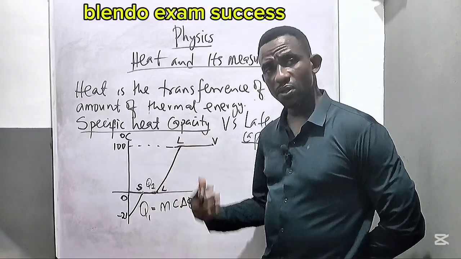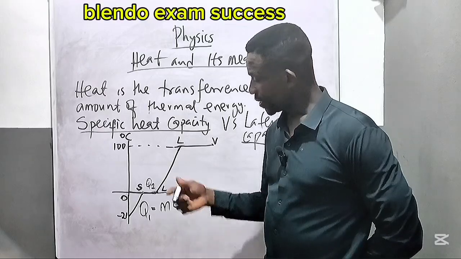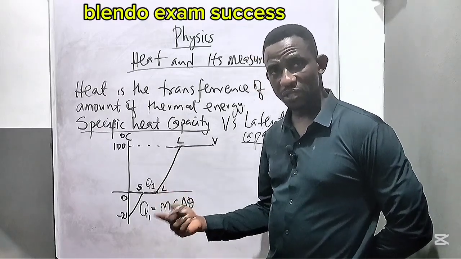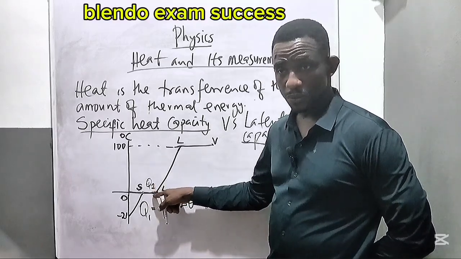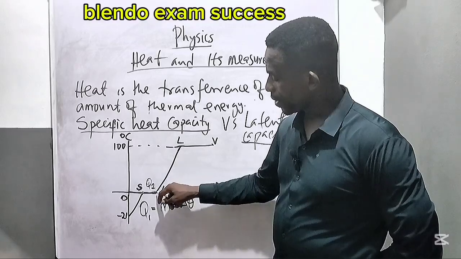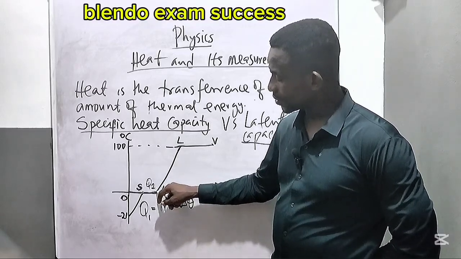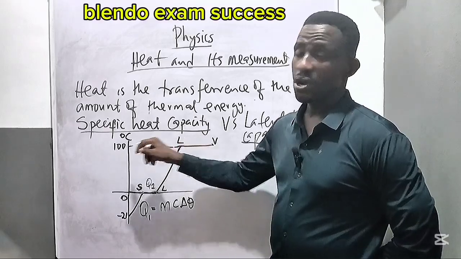As you add more heat, the temperature will begin to change again when this has completely turned to liquid. From here, the temperature will start rising again until it gets to 100 degrees Celsius.